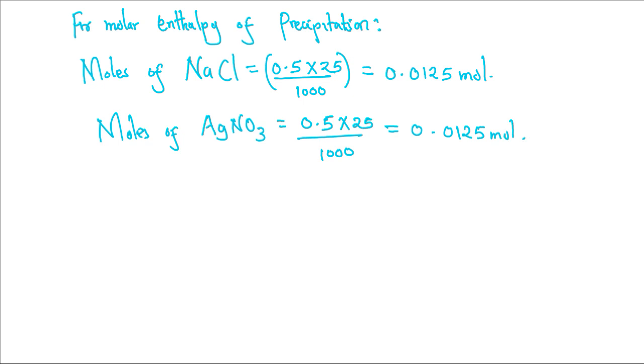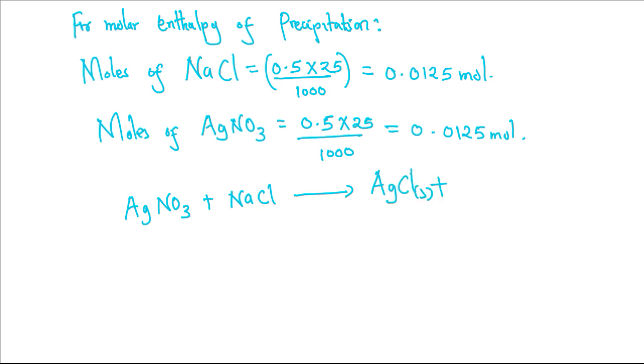Now the mole ratio of silver nitrate reacting with sodium chloride to form silver chloride, that is the precipitate, plus sodium nitrate, is 1 to 1 to 1, meaning the moles of the precipitate formed is 0.0125 mole.